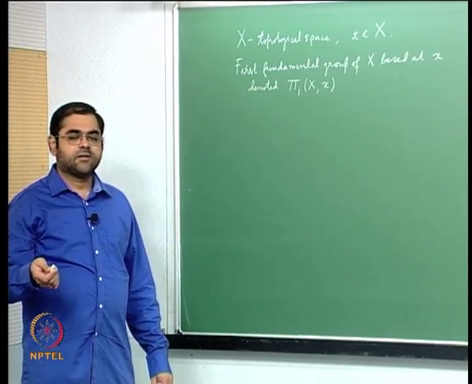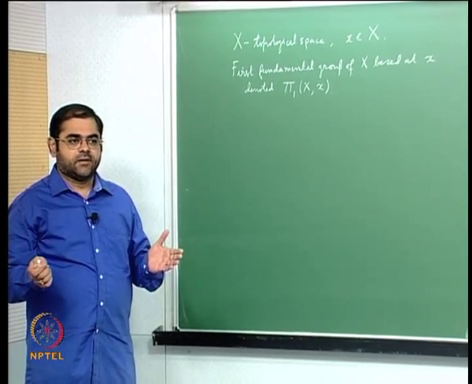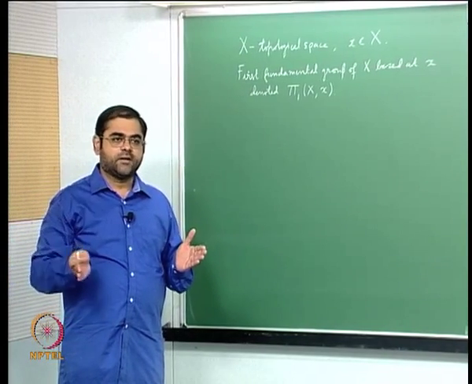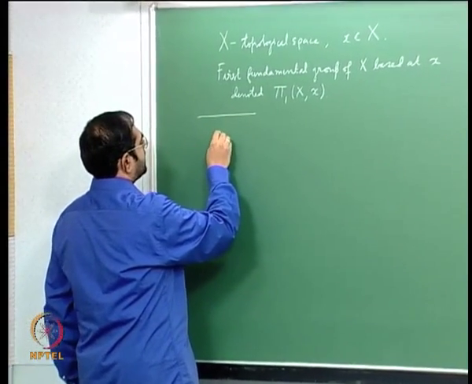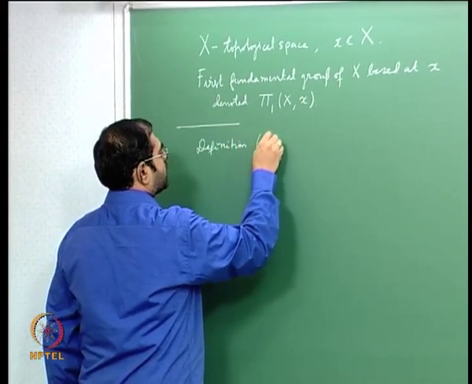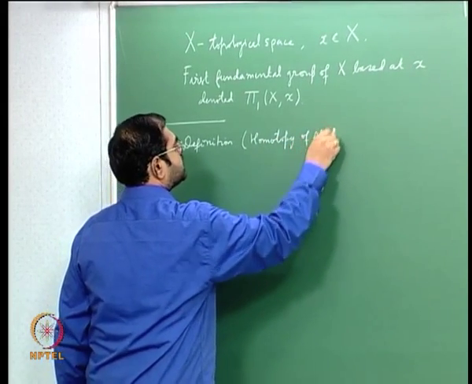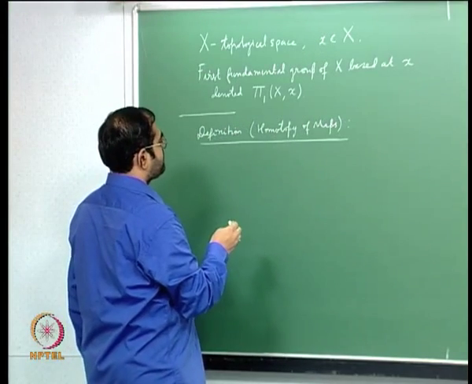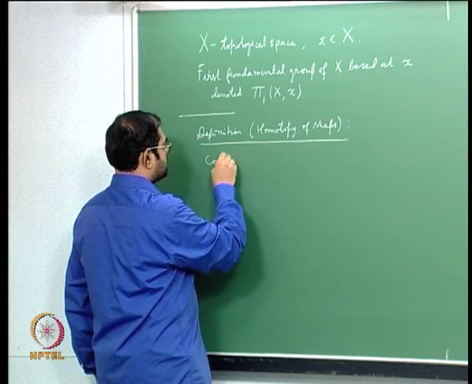It is a concept in topology which tells you when two maps between a pair of spaces can be continuously deformed from one to the other, okay. So let me define homotopy of maps.